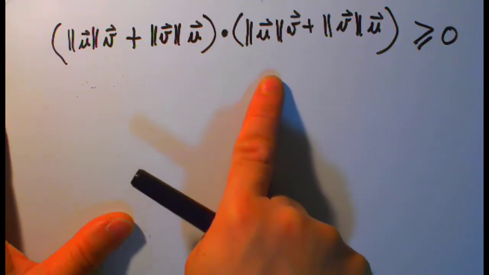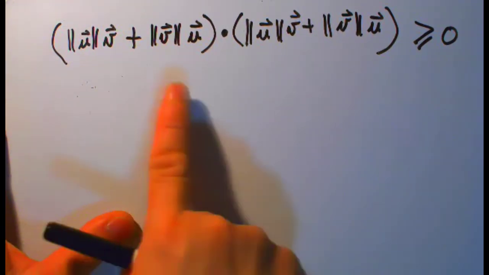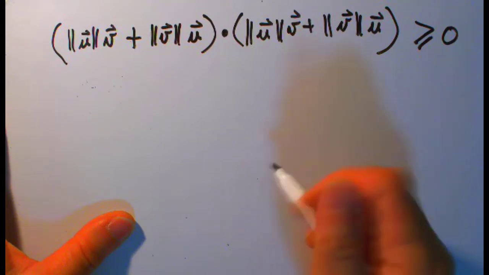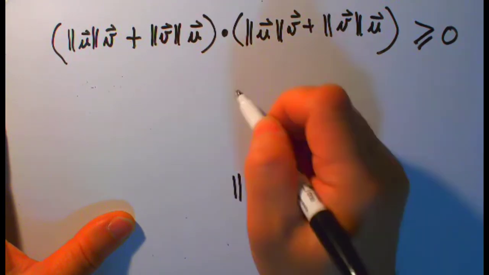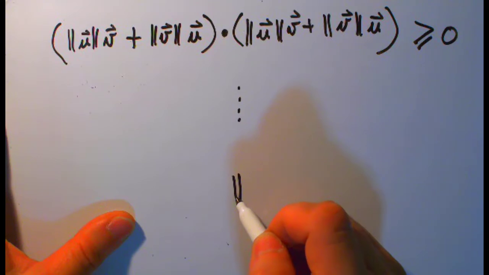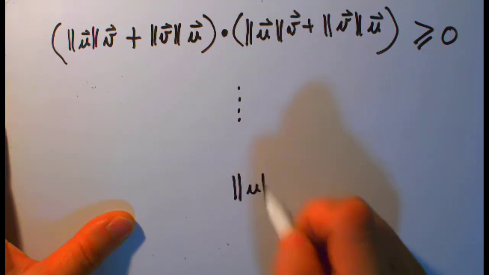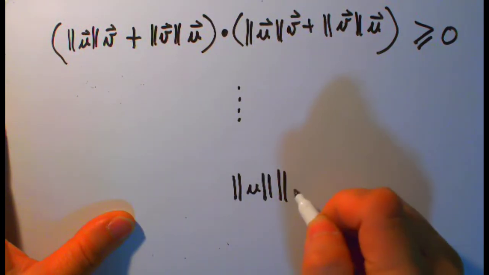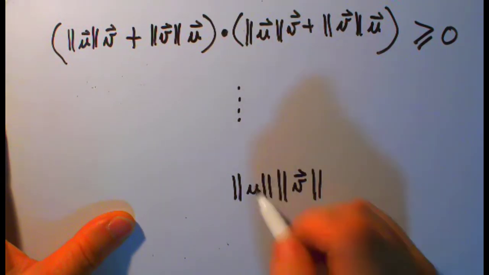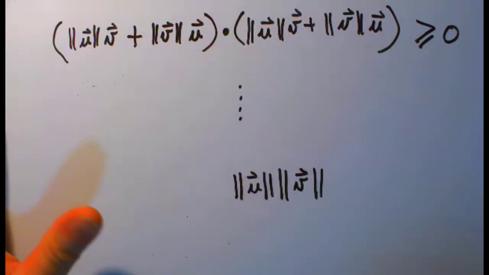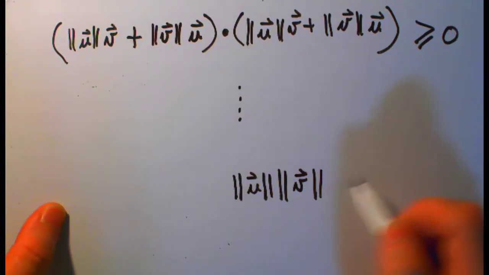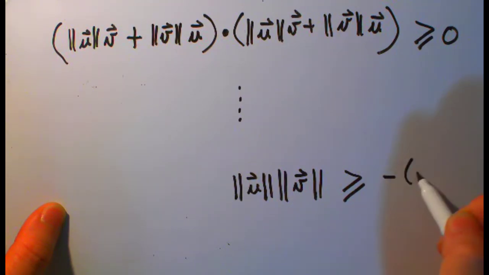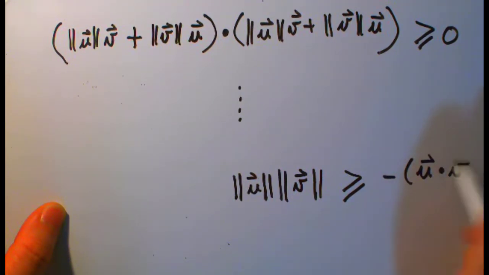And then on that left hand side, we can do the similar work, distributing out all the terms, and after all these steps we should run into a conclusion saying length of u times length of v is indeed greater than or equal to negative u dot v.